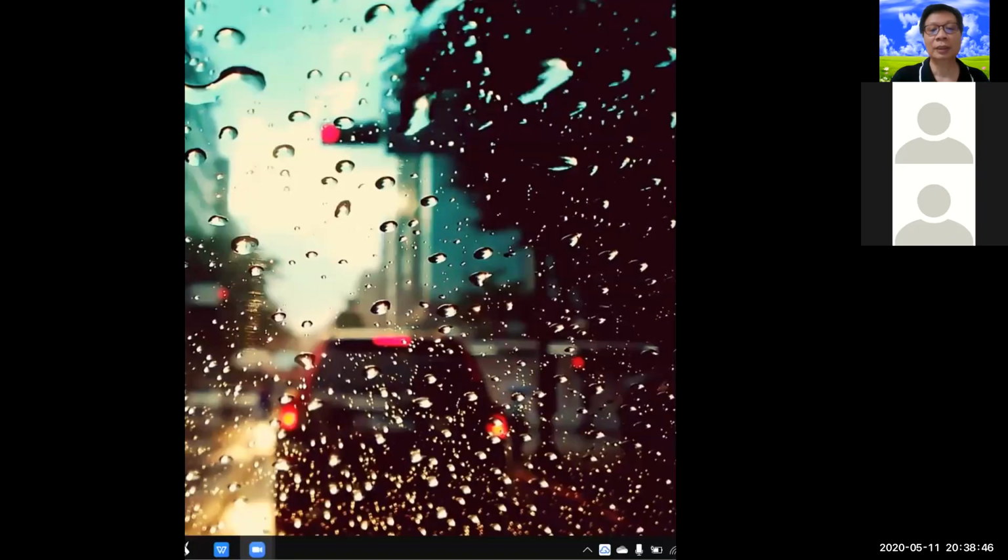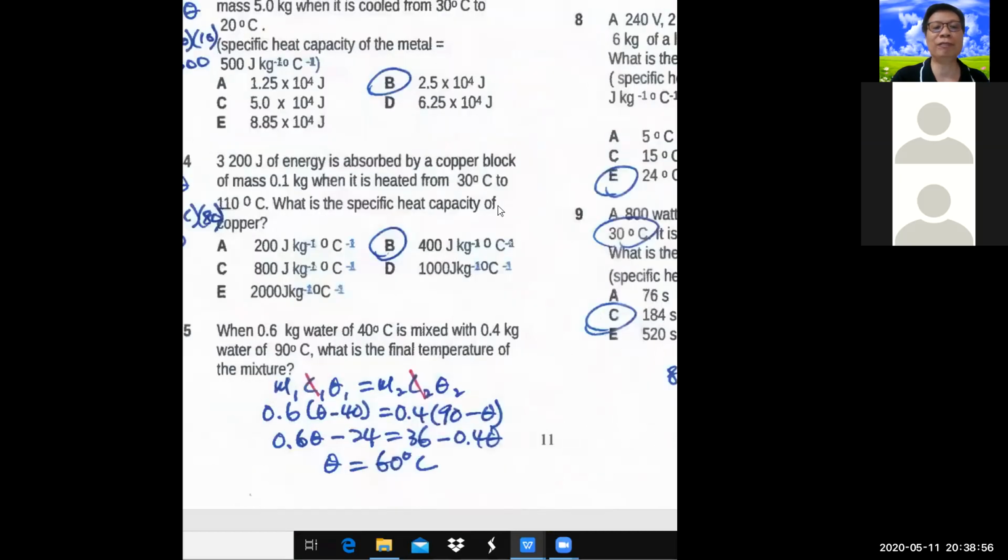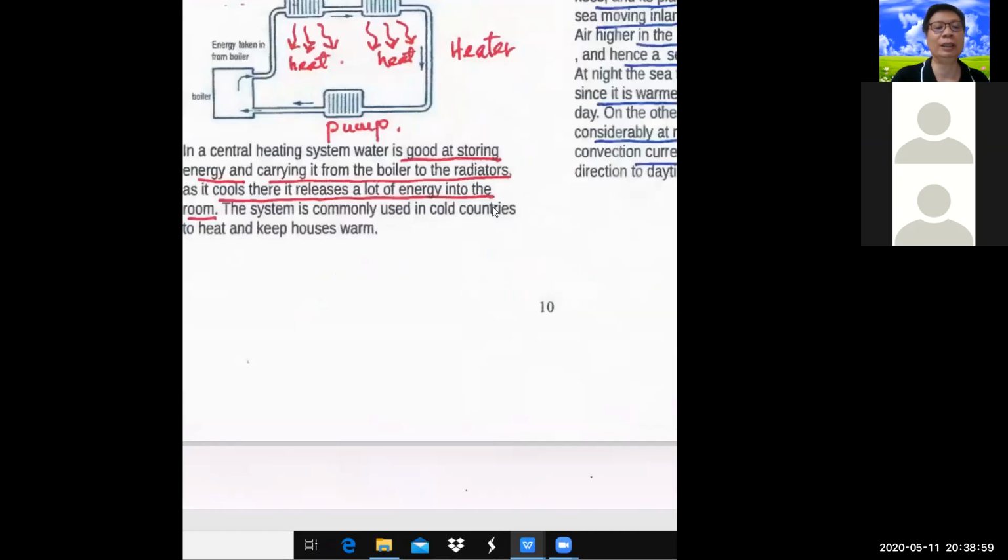Let's look at the paper now. Your paper should be here. Roughly, I'll go through very fast what you have learned already.